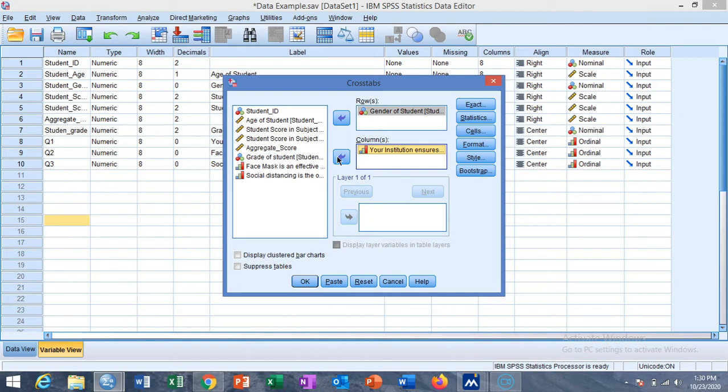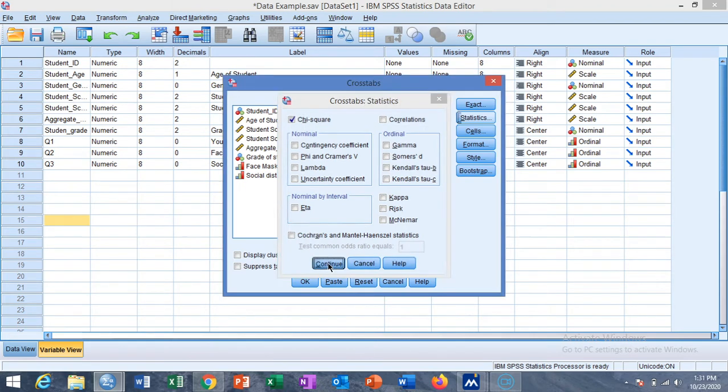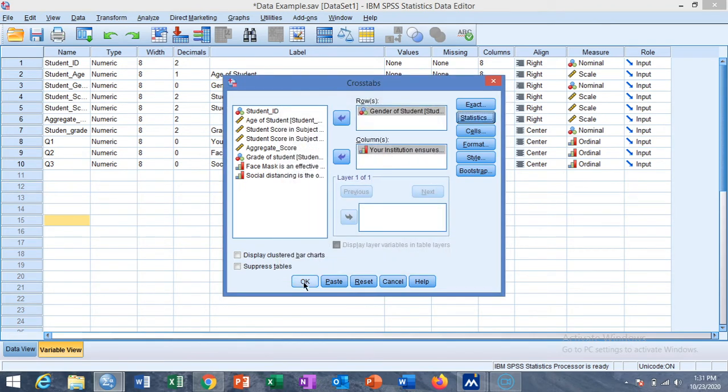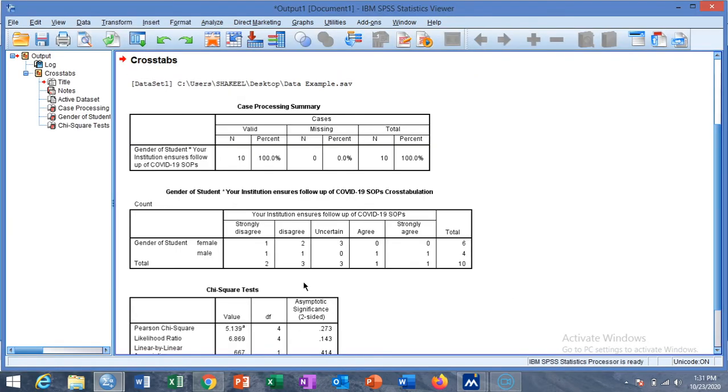So you can check for statistics. Here the two variables are qualitative, so we tick on chi-square, then click on continue and then OK.